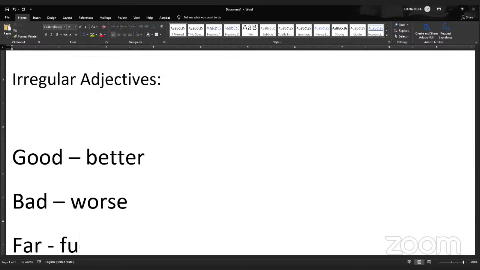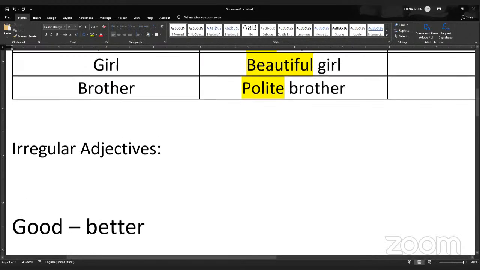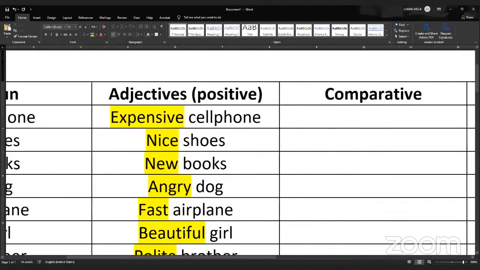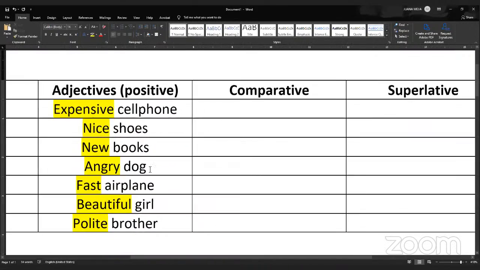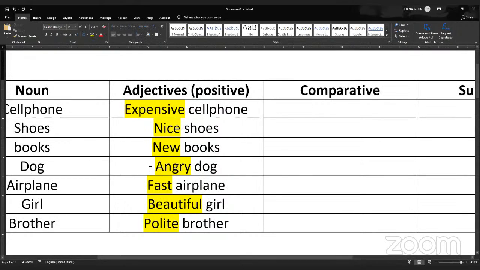It changed completely. You see? These three words are the most common irregular adjectives. Good, better, bad, worse, far, farther.